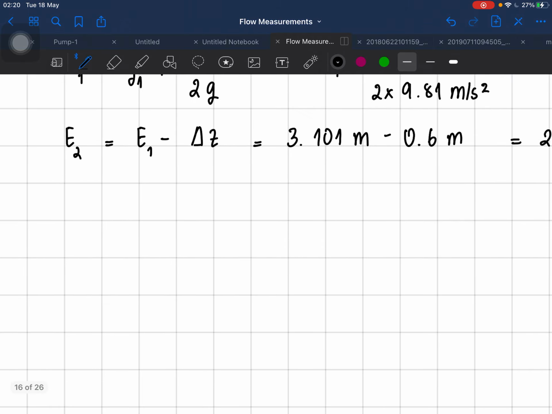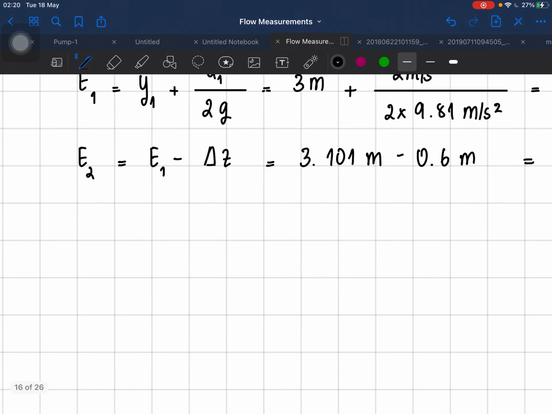On the other hand, E2 is also equal to y2 plus q squared over 2g y2 squared. In this case, we're trying to find y2, right?